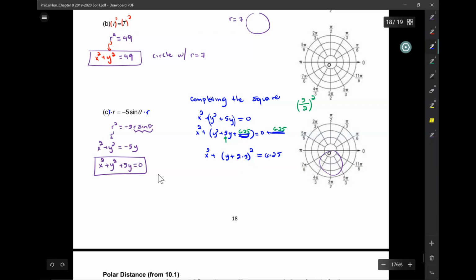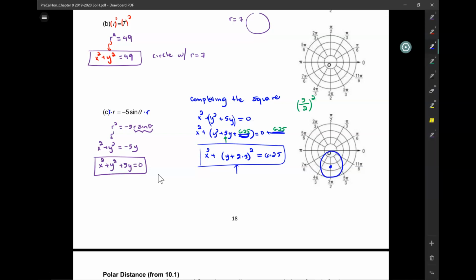And so now, does that look more like the equation of a circle? It does. x squared plus y squared equals some number. What does this tell you? That the center has shifted down by 2.5 units right here. Okay, so that's what the circle looks like. And that's exactly what we had predicted before.